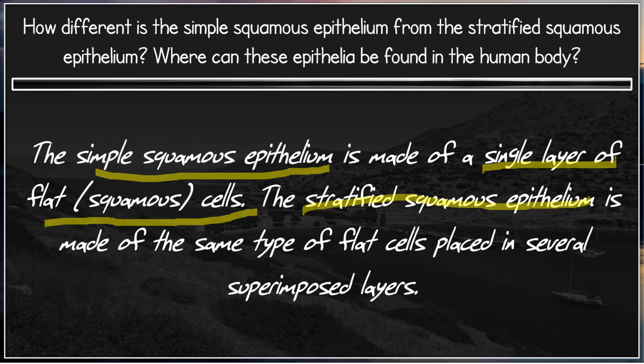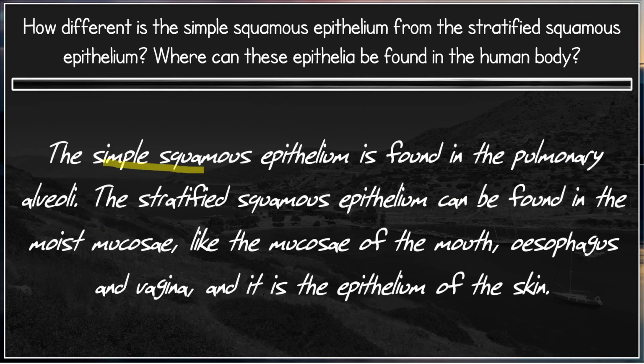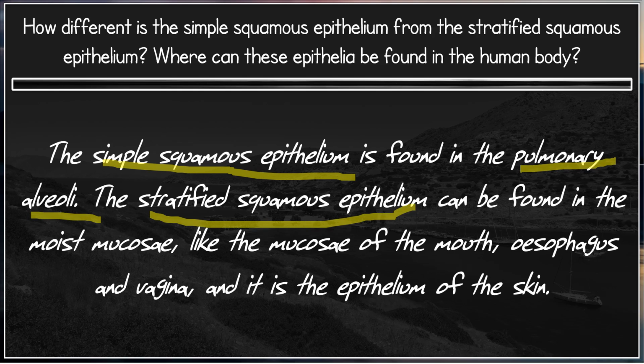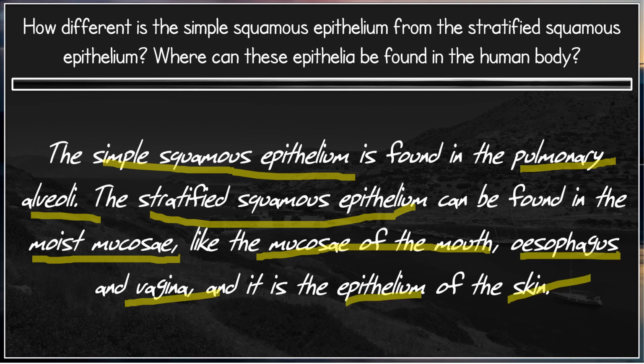Stratified squamous epithelium is made up of the same type of flat cells placed in several superimposed layers. The simple squamous epithelium is found in the pulmonary alveoli. Stratified squamous epithelium is found in moist mucosae, like the mucosae of the mouth, esophagus, and vagina, and it is the epithelium of the skin.